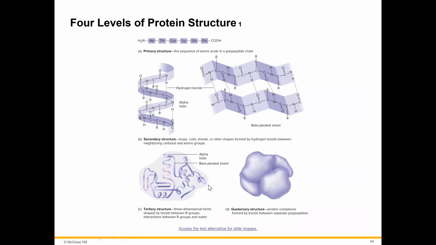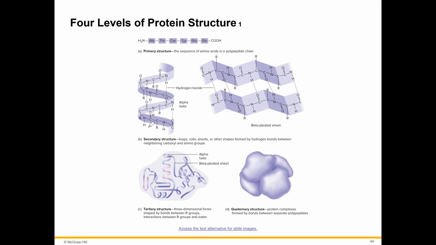So we start folding a protein. Then the tertiary structure is a 3-dimensional form shaped by bonds between R groups. So remember, our amino acids all have different R groups. Now those R groups start interacting with each other and with water molecules, and we have a tertiary structure.